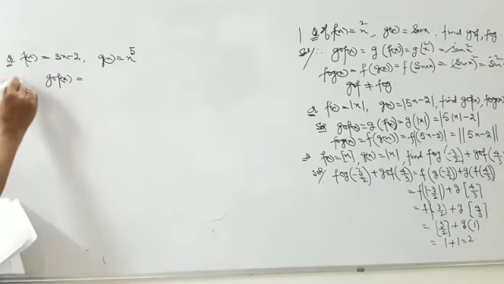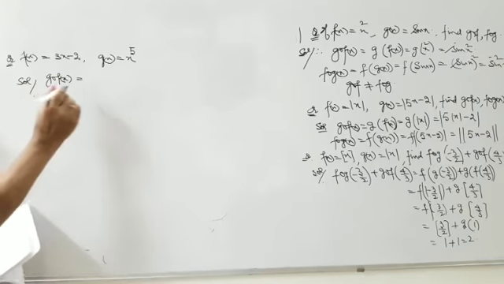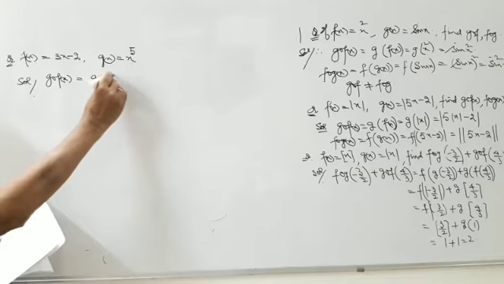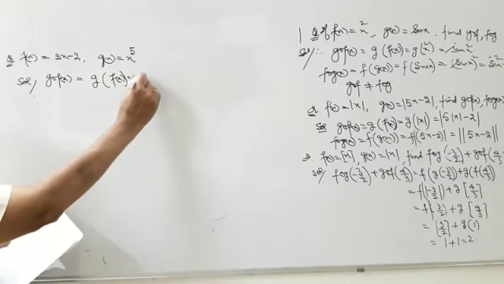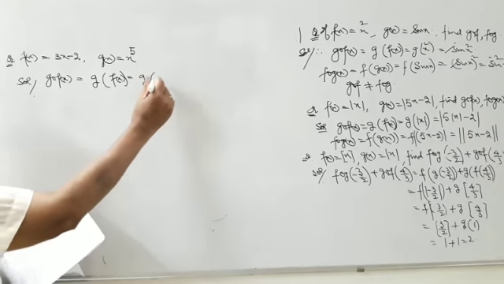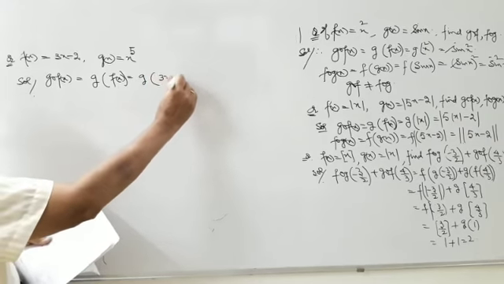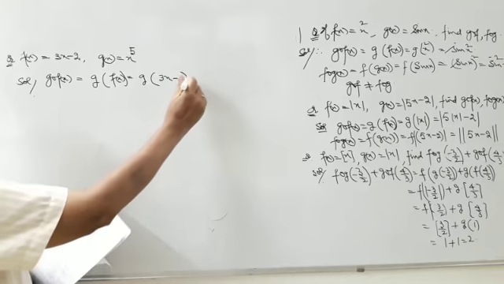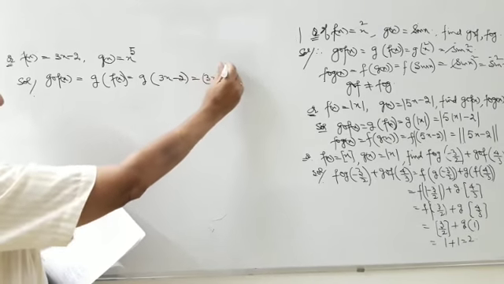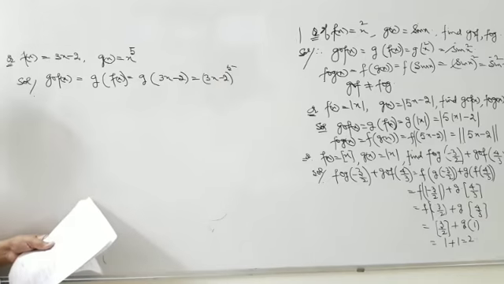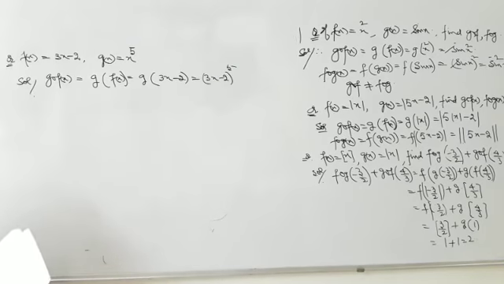This is g of f(x), and f(x) is 3x minus 2, so this is equal to (3x minus 2) to the power 5.